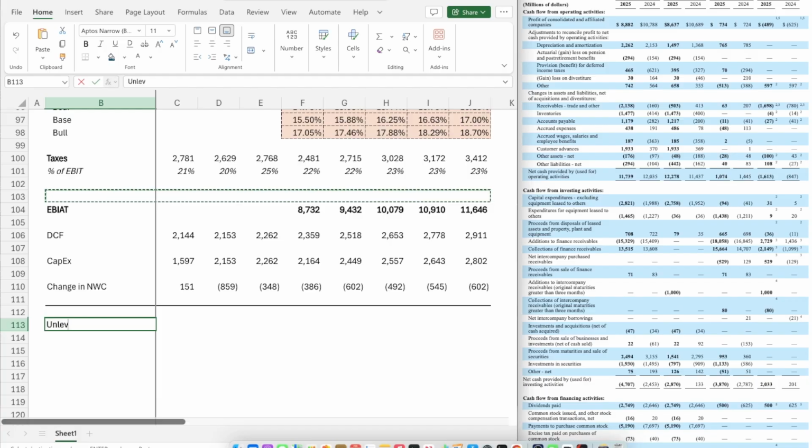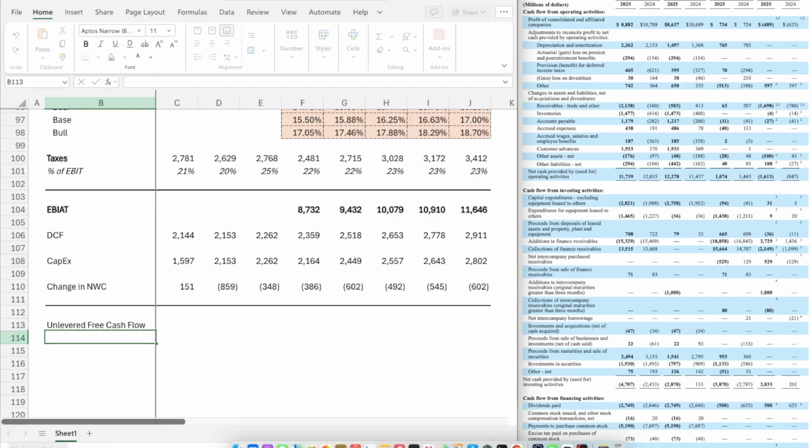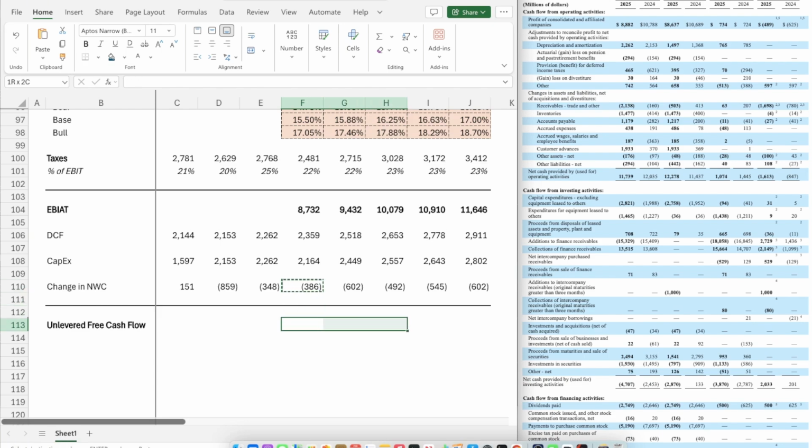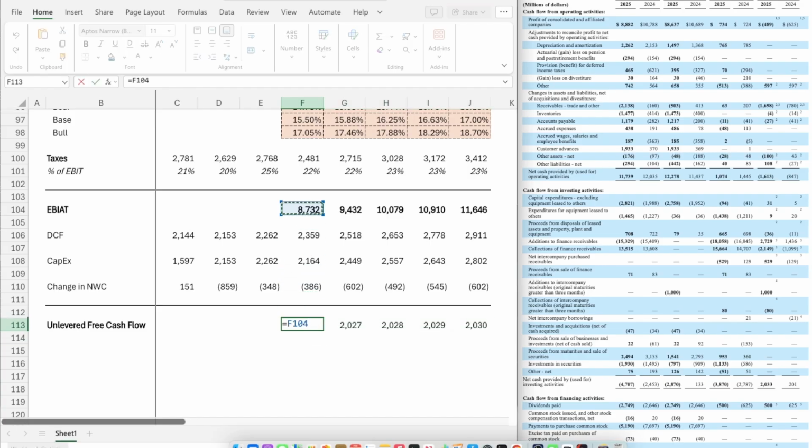Now we can calculate the unlevered free cash flow. To do that, just for the formatting, you take your EBIAT, you add back in depreciation and amortization, you subtract your capex, you subtract the change in net working capital.